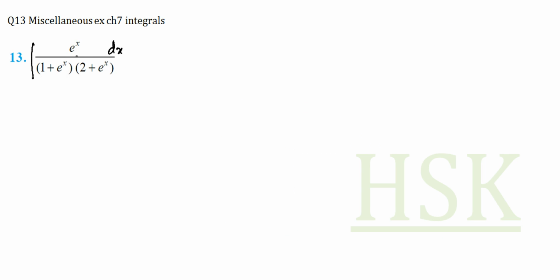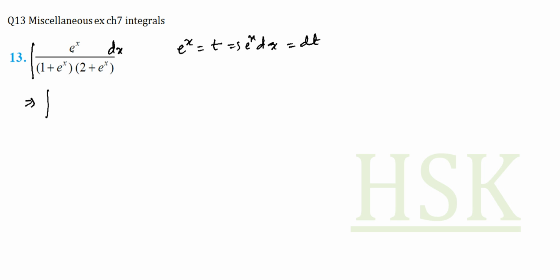Okay, well, in question number 13, we have to integrate e to the power of x upon 1 plus e to the power of x into 2 plus e to the power of x. Straight away I'm going to substitute e to the power of x is equal to t. On differentiating, I'm going to get e to the power of x dx is equal to dt.